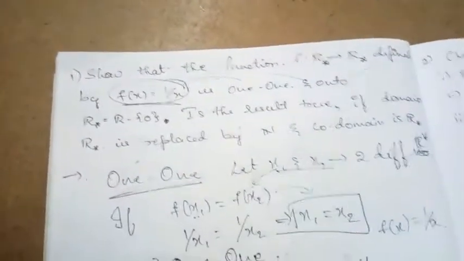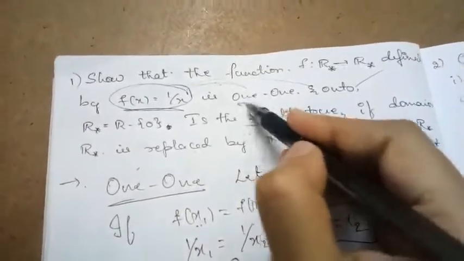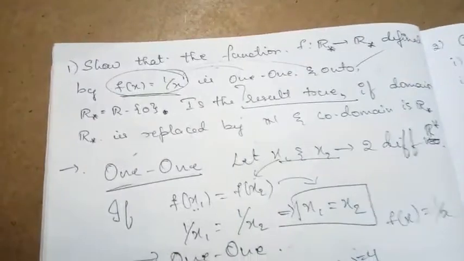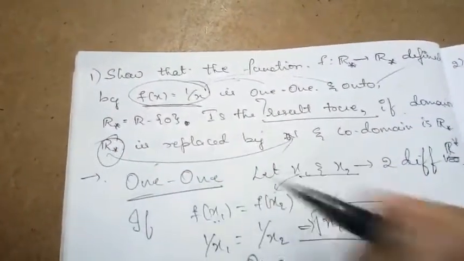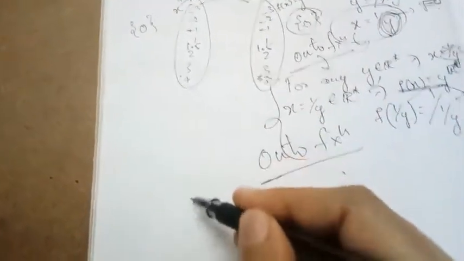The next part: is the result true? That means we need to check whether the result is true. What result? That the function is 1-1 and onto if the domain R star is replaced by the set of natural numbers and the codomain remains the same. I will do the mapping again.